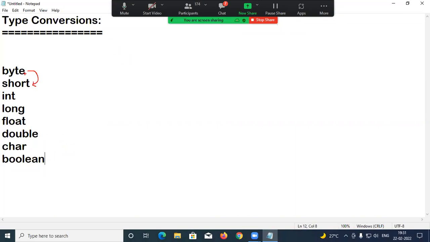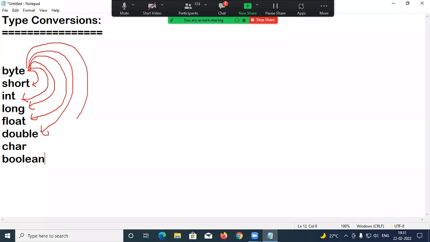Here you observe, one type to another type conversion. Byte to short, byte to int, byte to long, byte to float, byte to double, byte to char, byte to Boolean. Like this, 7 conversions. But the total number of data types is 8. 8 into 7.